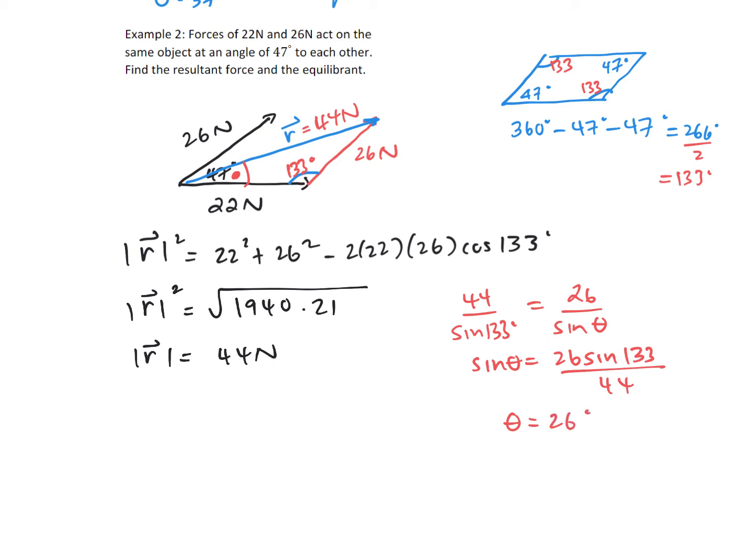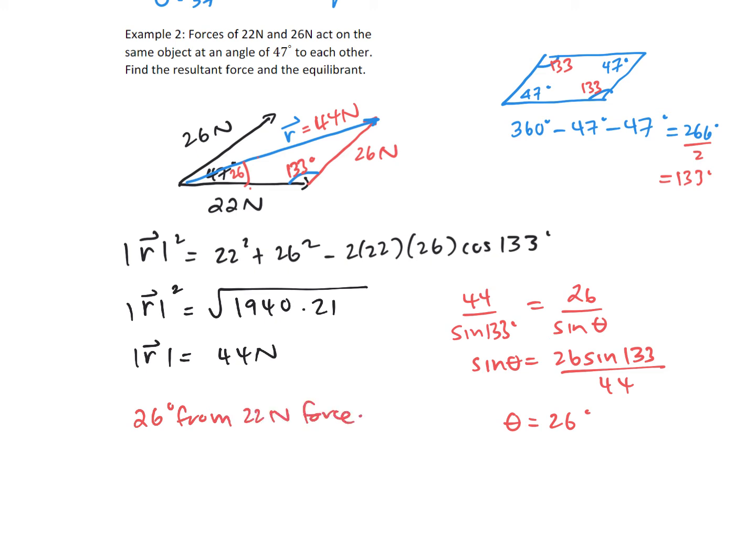Okay, so how am I going to describe that? Well, that 26, let's just erase this here. So that 26 is adjacent to 22. So the angle between the resultant and the 22 Newton force is 26 degrees. So I could say it's 26 degrees from the 22 Newton force.